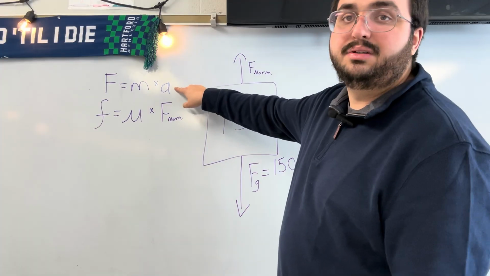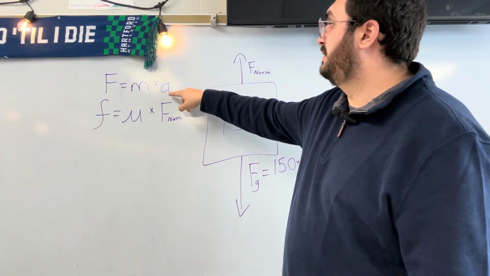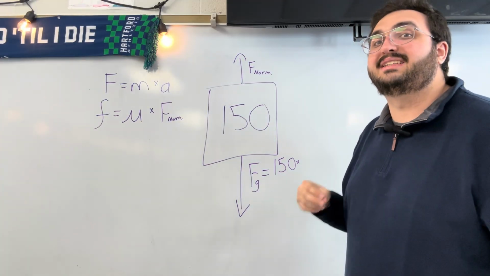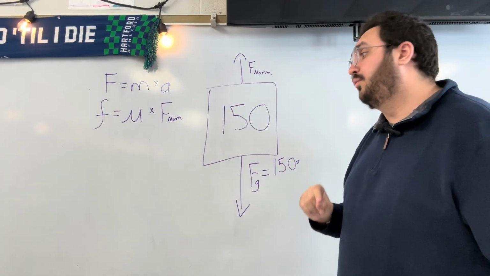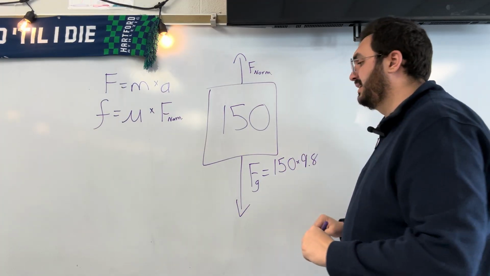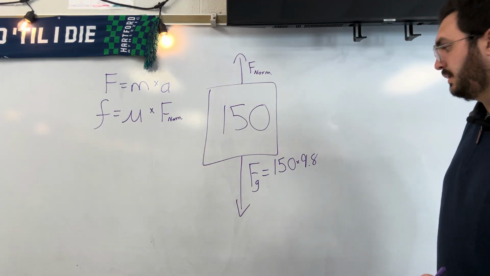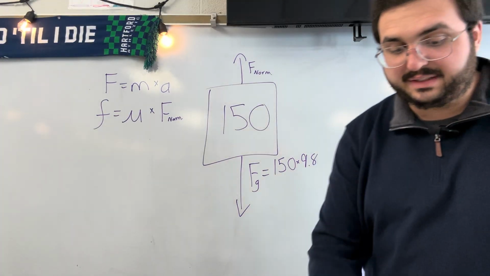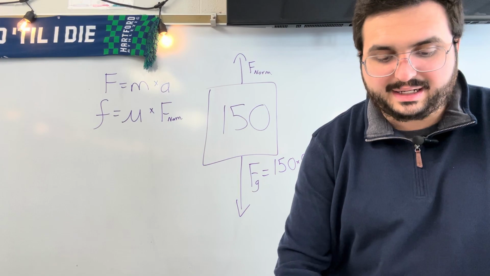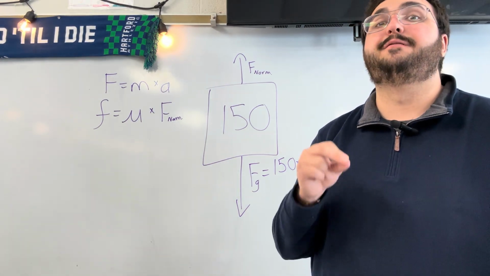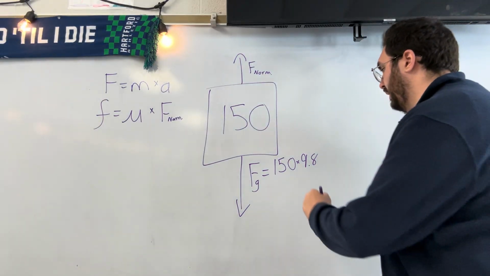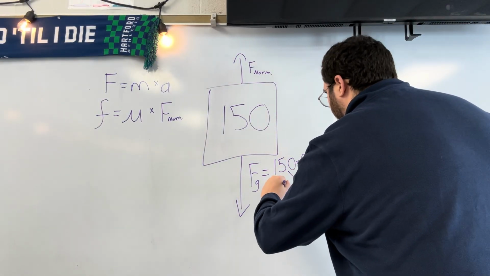So we're really just using Newton's second law up here, except instead of just a, you may see this rewritten as a lowercase g, because we're using acceleration due to gravity here on Earth, which is 9.8 meters per second squared. Doing this number out, 150 times 9.8, I get an answer of 1,470 newtons.